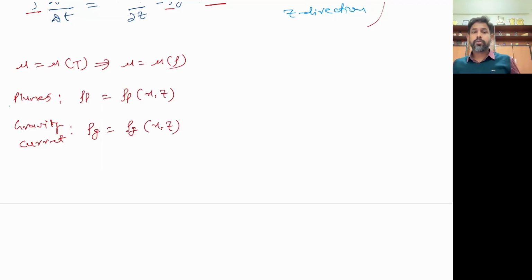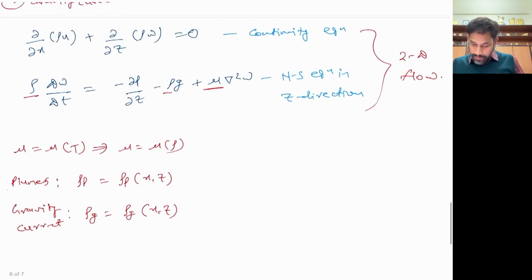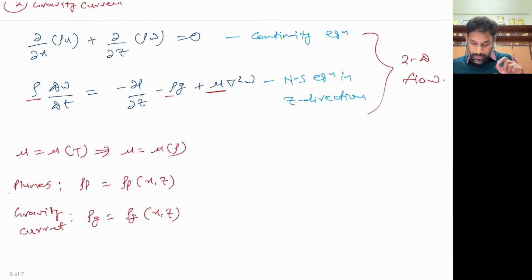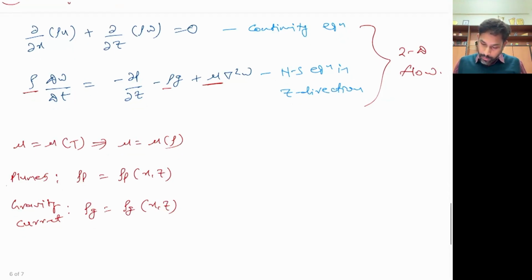So basically rho p and rho g both are changing in space, right, in x and z direction. And now because they are changing in space, when you want to use this rho value in these equations, you have to consider its value at a particular given x and z. And now if you want to do that, this will make your problem much more complicated.